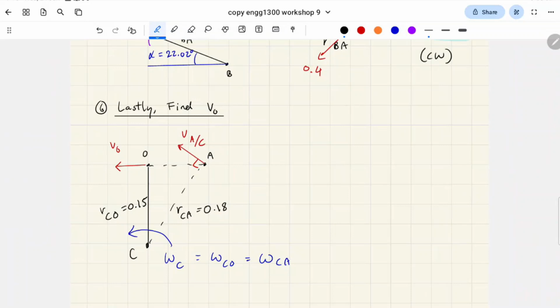Yeah. And so that was equal to that. That was counterclockwise, right? And so simply our velocity of O is going to be our angular velocity multiplied by that lever arm.